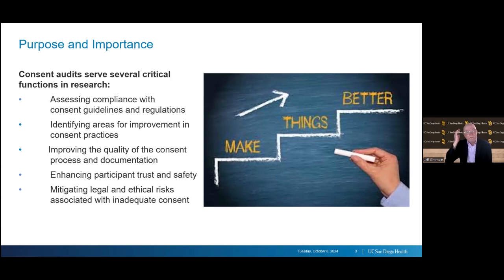Another example goes to our UCSD policy, P30, that's such a mouthful, which has to do with informed consents for research subjects. It requires that consent and HIPAA authorizations are uploaded into the participant's medical record. What can happen if it doesn't go in there?